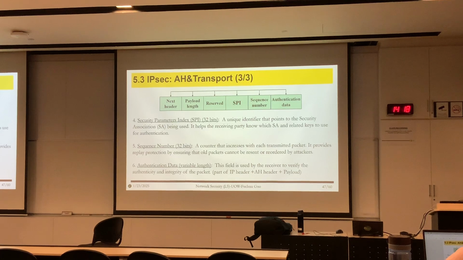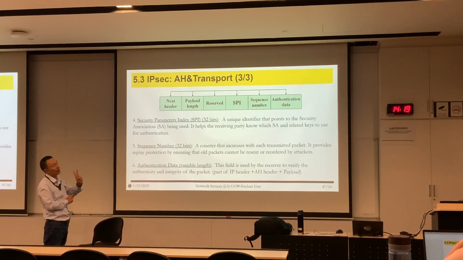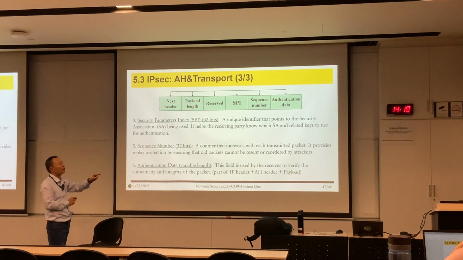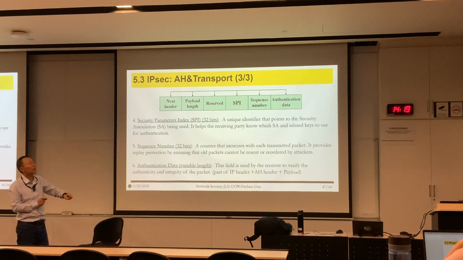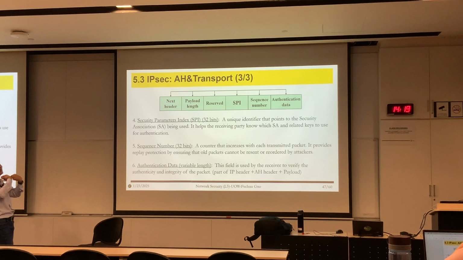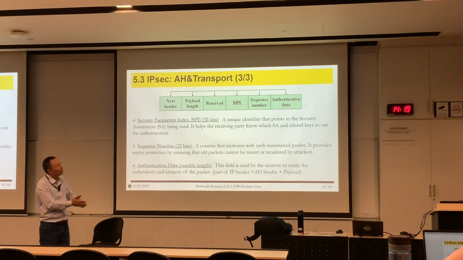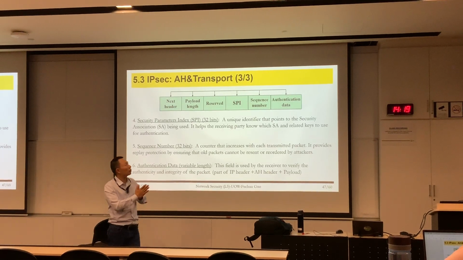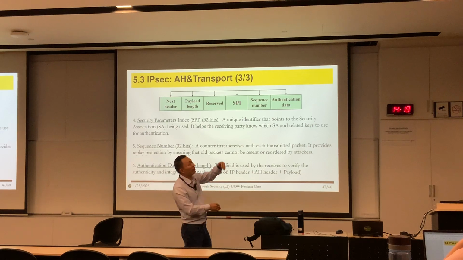And the role of SA is that each SA will manage the end-to-end communications. So what does it mean? It means that inside both devices, there could be two SAs. One SA is trying to manage the communications between Bob and Alice. And there could be another SA managing the communication between Bob and the server.